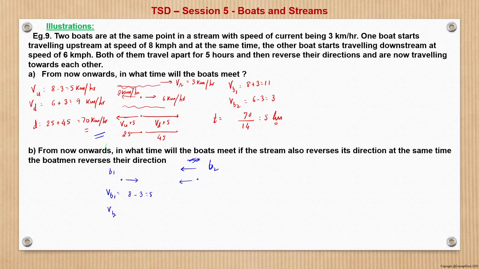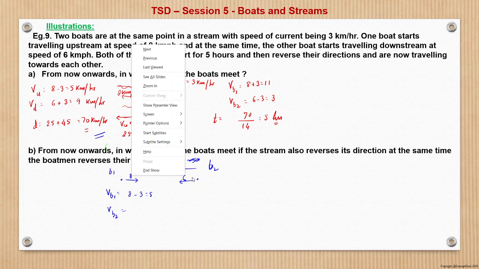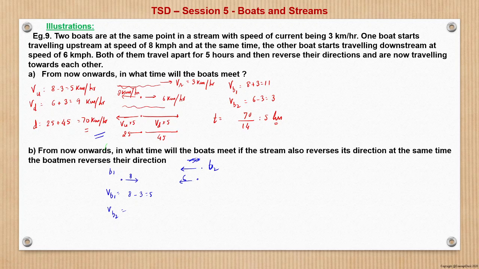And VB2, the second boat, is 6 in still water, and now VR will also be added. So it will be 6 plus 3, which is 9. So effectively they will cover a distance of 70 in 5 plus 9, which is again 5 hours, right?